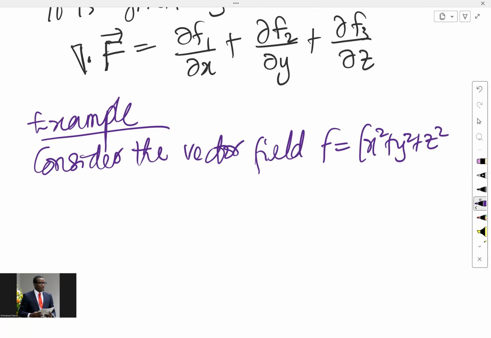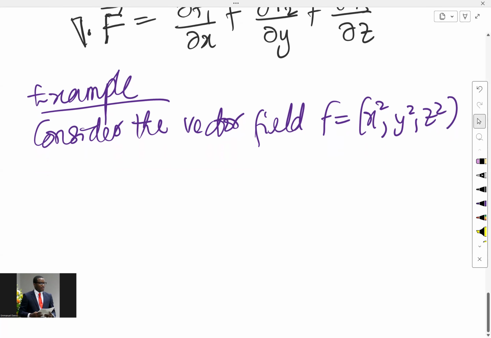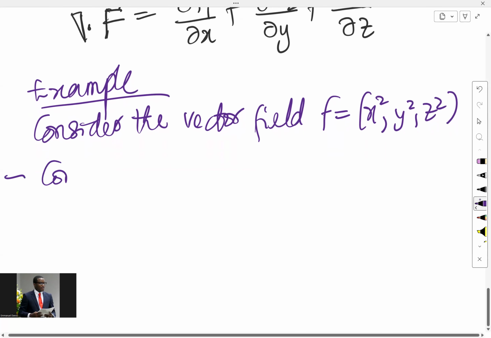Oh, sorry, not plus at all. They are components. So it's x squared comma y squared comma z squared. This is different from the other time when we had x squared plus y squared plus z squared. So consider this vector field, and we compute the divergence.